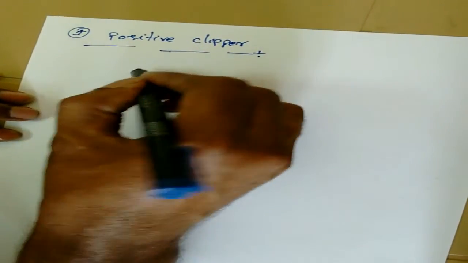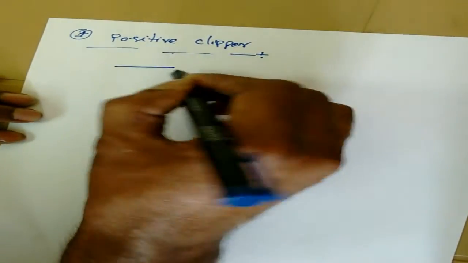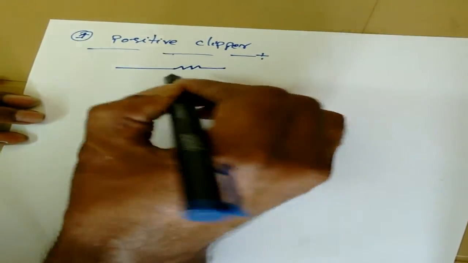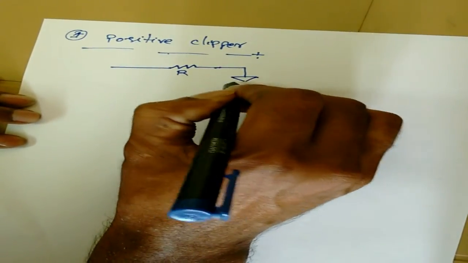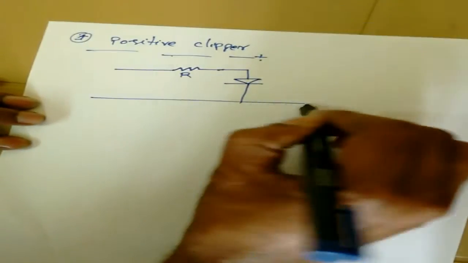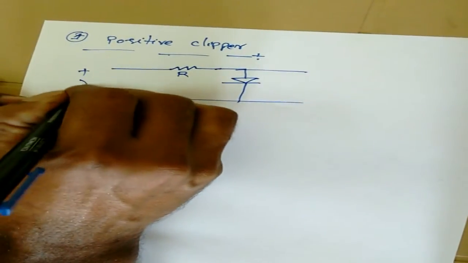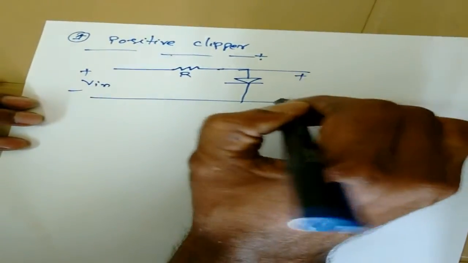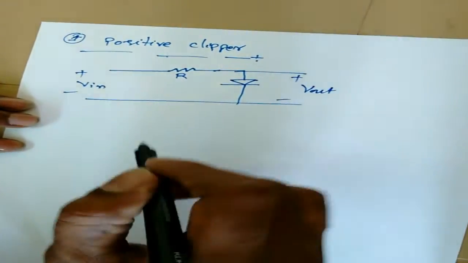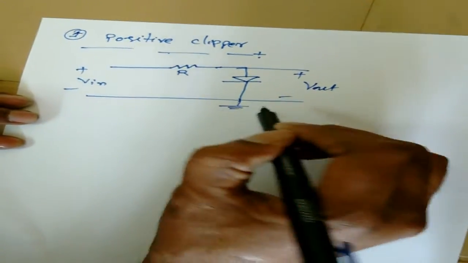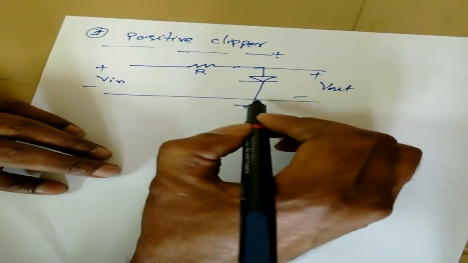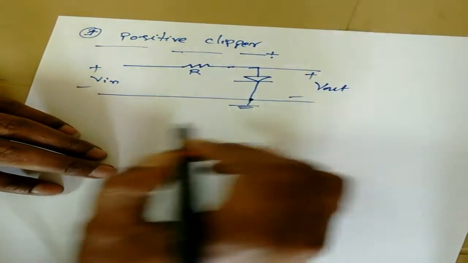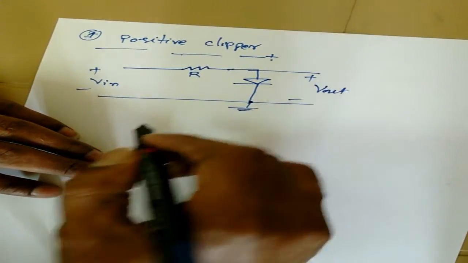So the circuit will be like this: a resistor R and the diode, where we give Vin and take Vout, and this is grounded. Remember, every circuit should have a common terminal, which we generally take as a reference or common point, or simply ground.